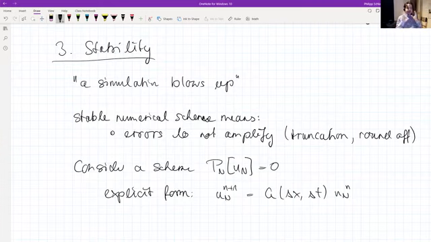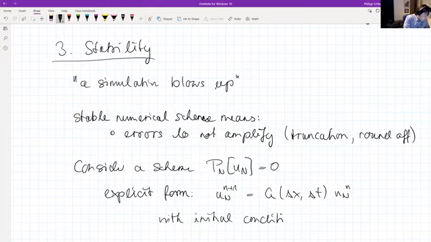So imagine I have un, and I just want to go from un to un plus 1, and I just multiply that with a factor g, an amplification factor g. And so this is an explicit form of my numerical scheme. And of course, if I do that, I also need to give the initial condition. So the initial condition would be un0. This is the solution at time 0.